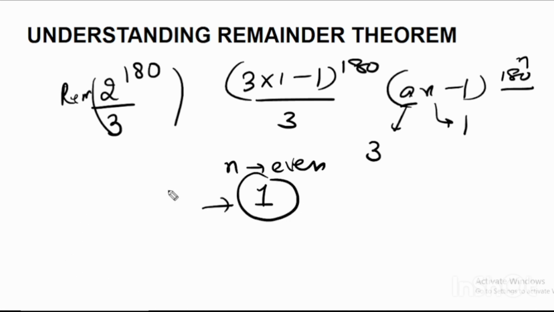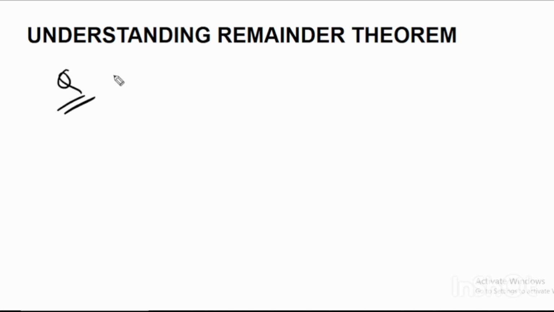Now how did UPSC ask this question? UPSC made you apply 2 to 3 concepts in one single question. The question was 2 power 192 divided by 6. Now neither can you write it directly in the form ax plus 1 or ax minus 1.